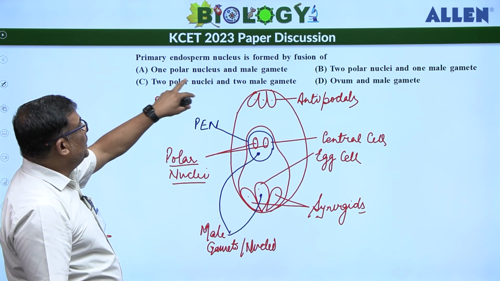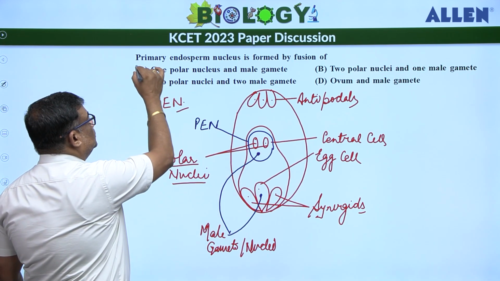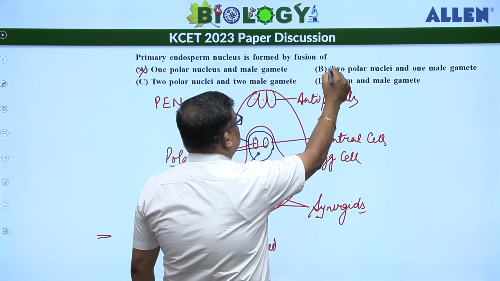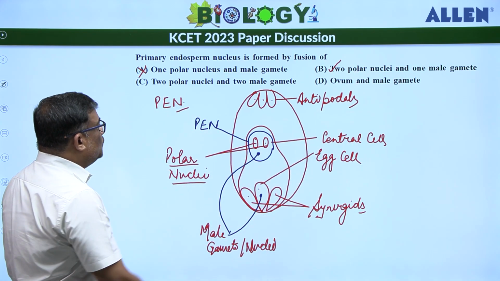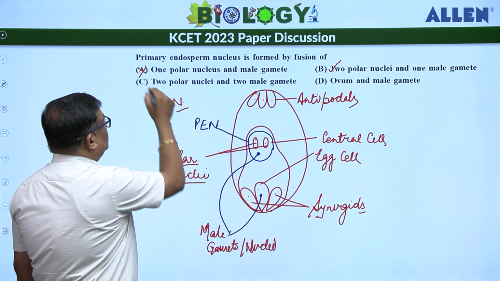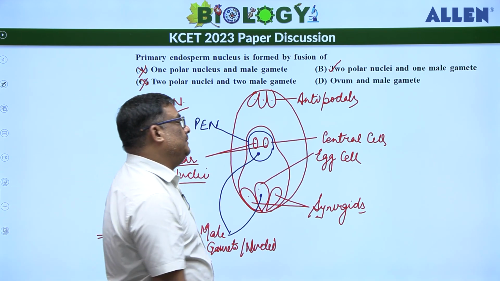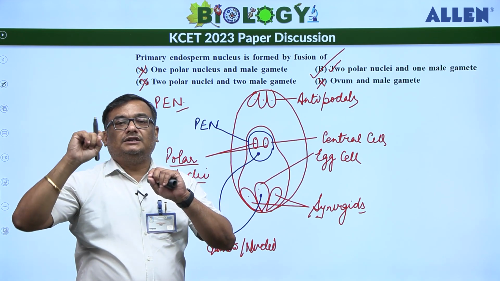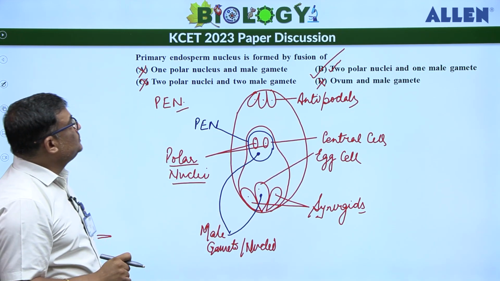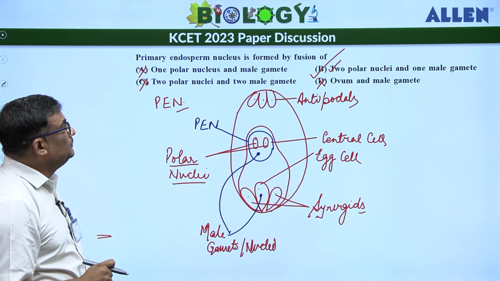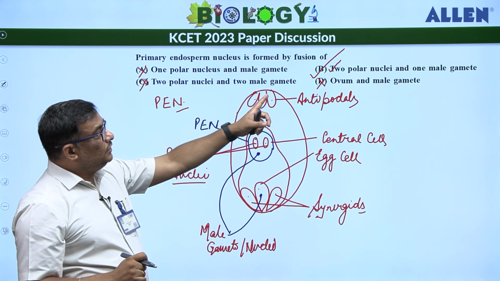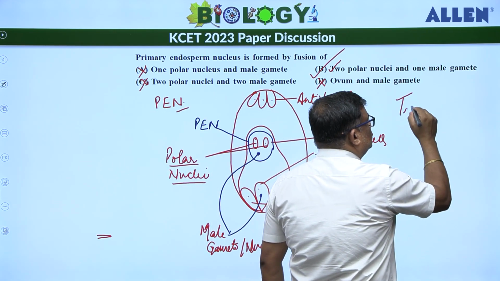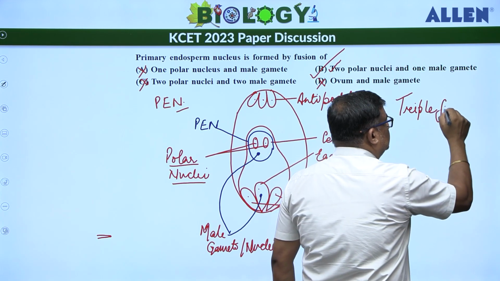Search the option. One polar nucleus, one male gamete, ruled out. Two polar nuclei, one male gamete, seems to be correct. Two polar nuclei and two male gametes, ruled out. Ovum and male gamete, 100% ruled out. Your answer will be B. I am giving you the reason why other options are incorrect, okay. So primary endosperm nucleus is formed by the fusion of two polar nuclei and one male gamete. This is also termed as triple fusion.